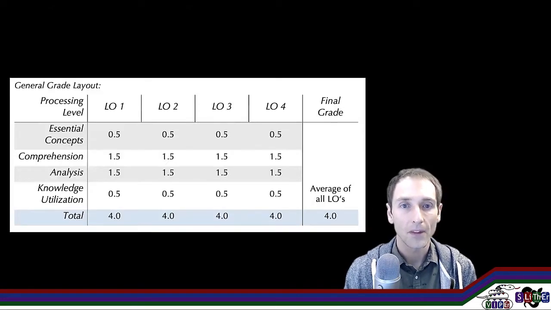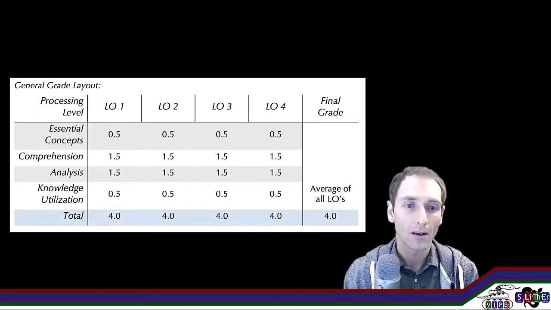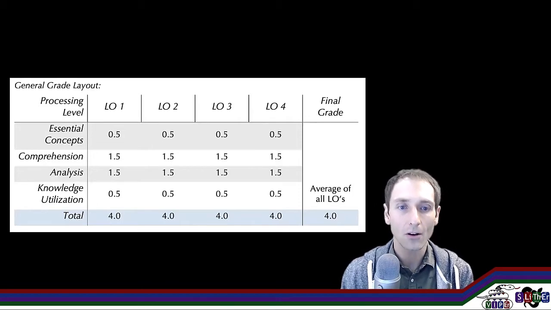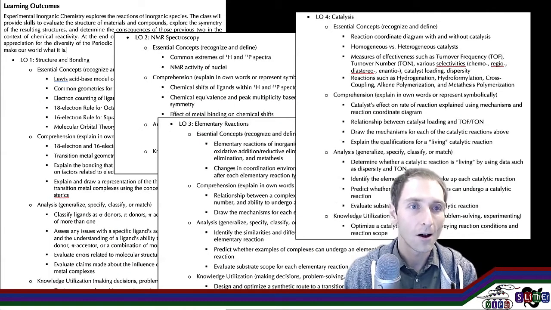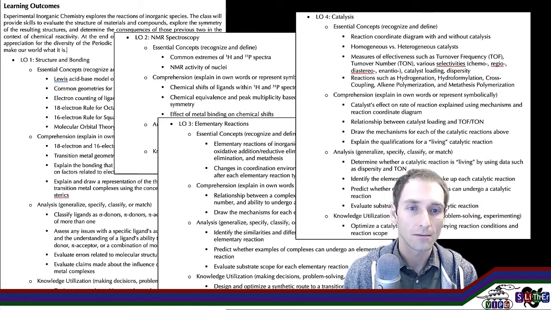So there isn't necessarily partial credit for getting an essential concept. We can either say very conclusively, yes, I believe, I'll go back with the 18 electron rule. Yes, I understand. I can explain the representation of transition metal complexes using the concept of electronics and sterics.